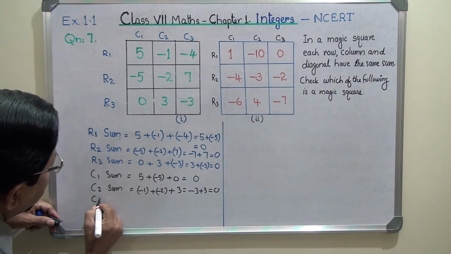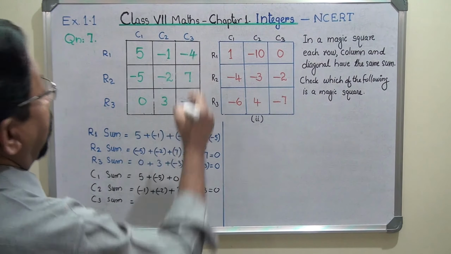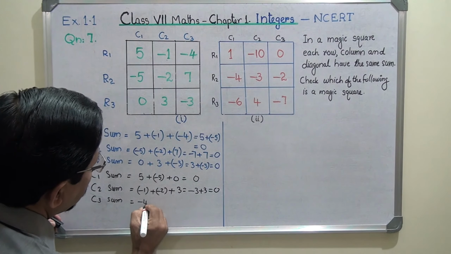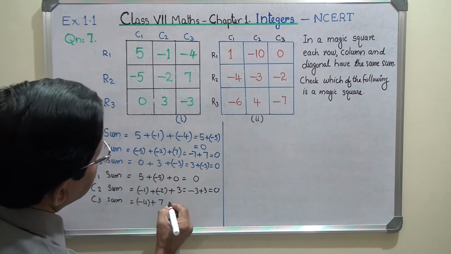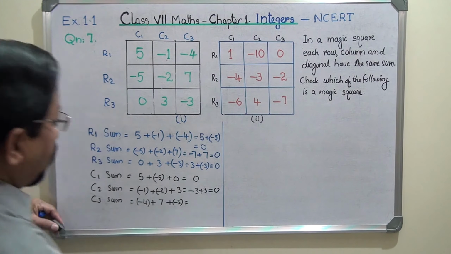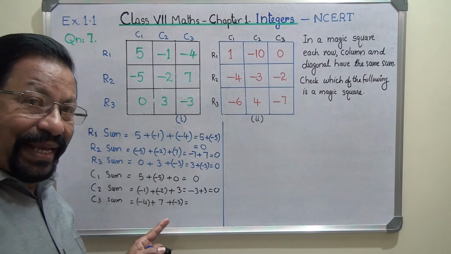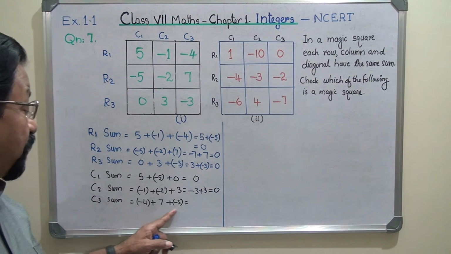Column number 3 sum is equal to minus 4, a negative integer, plus 7, a positive integer, plus minus 3. First you add the negative integers: minus 4 and minus 3 is minus 7, plus 7.